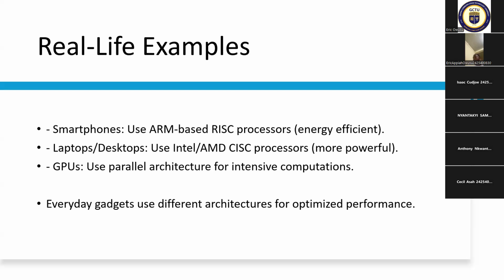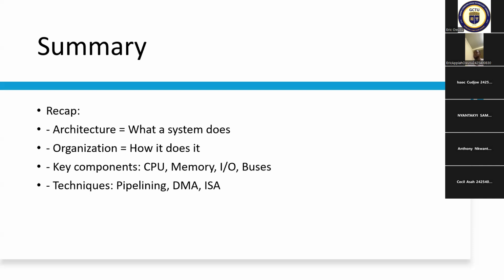Everyday gadgets use different architectures for optimized performance, like the Mac, which uses a newly developed chip, the M1 Pro, M1 Max, or M1 Ultra.